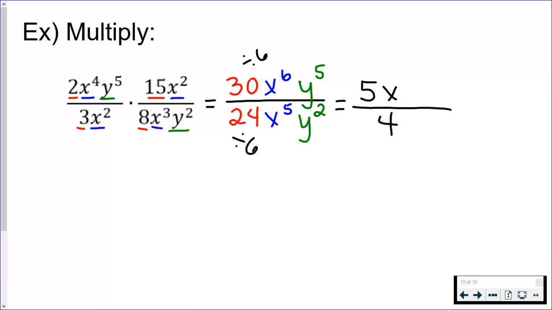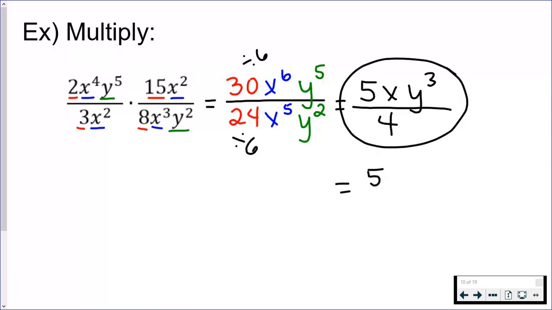Again, subtract your exponents. 5 minus 2 gives you 3. So this is one way you could write it. You could also have that 5 over 4 off to the side, multiplied by xy to the third. So that's one way to do it.